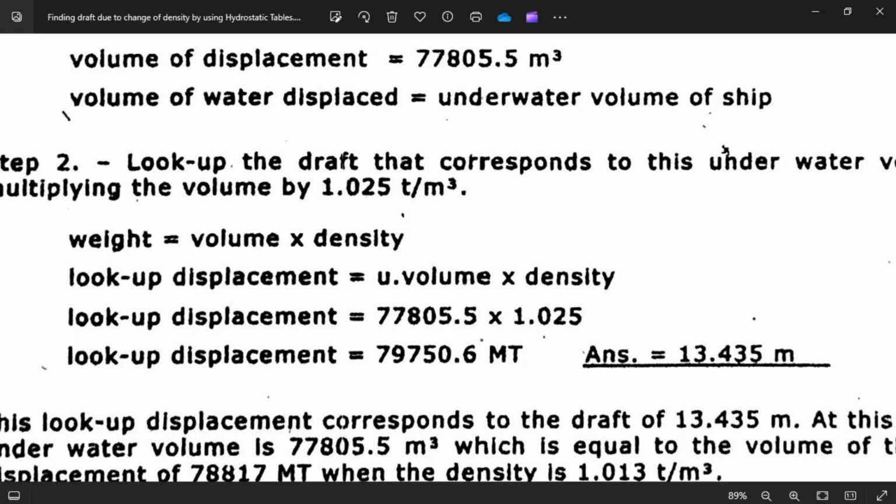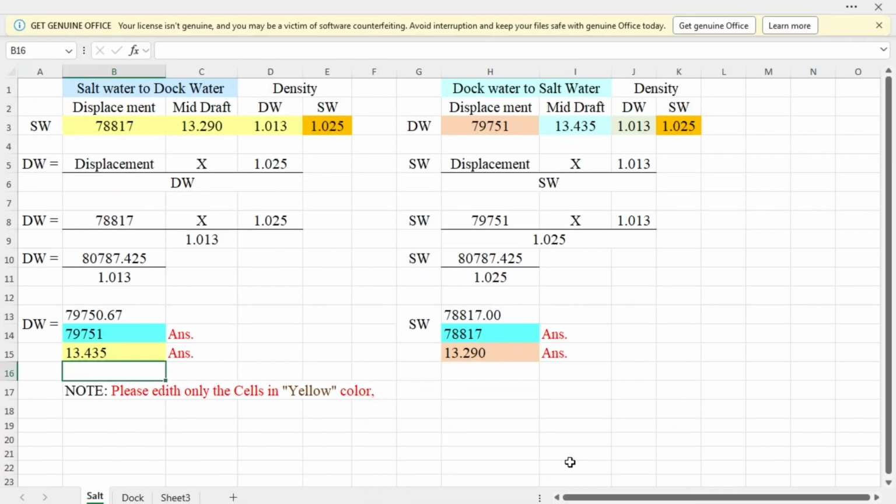Now, I want to emphasize this one. This is the draft program that I made. So, if you look, saltwater to dock water density. This is your saltwater displacement, corresponding to 13.29, and this will be your local density of 1.013 and the constant of saltwater of 1.025.